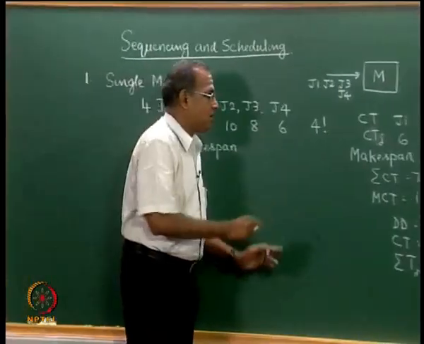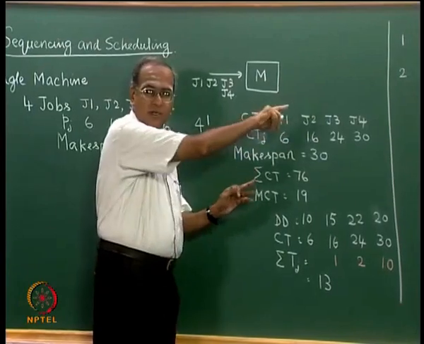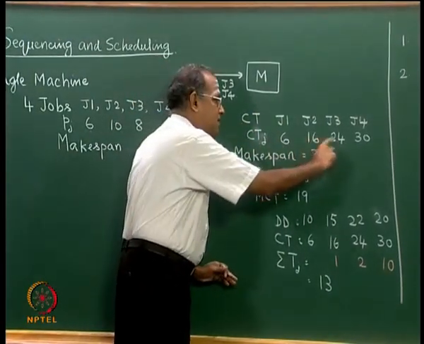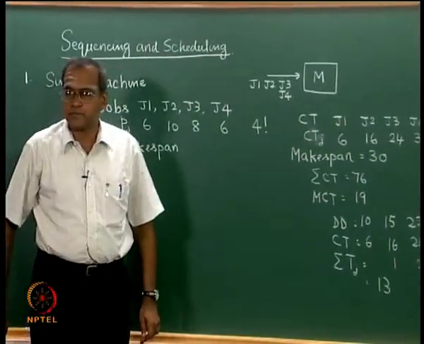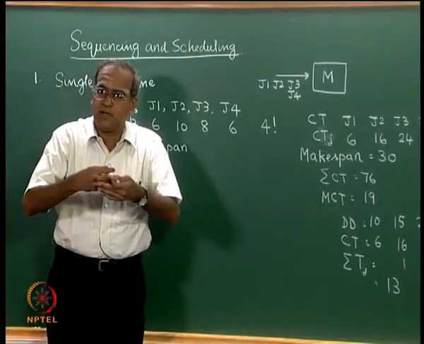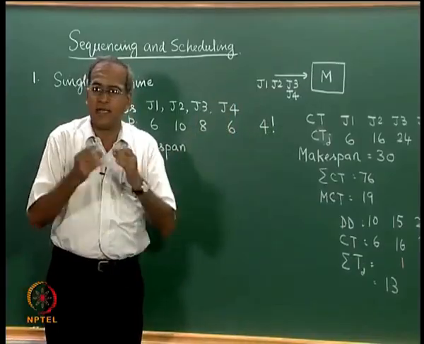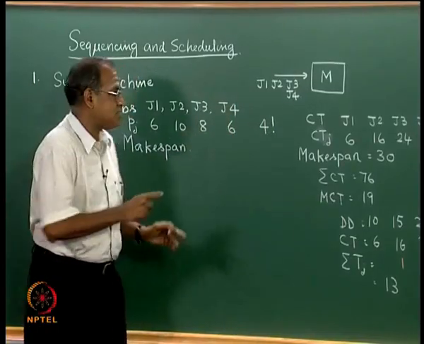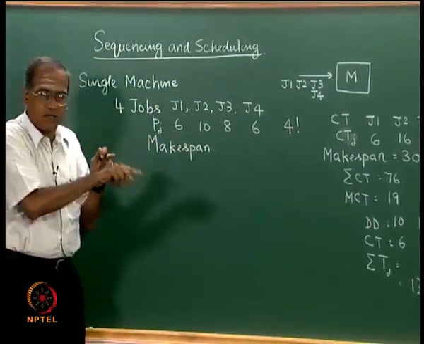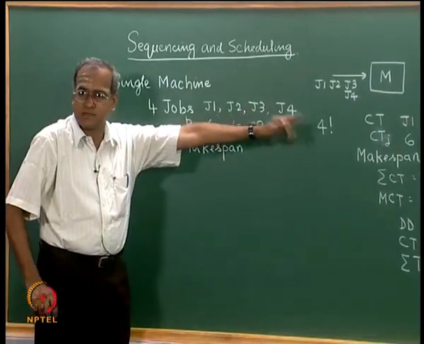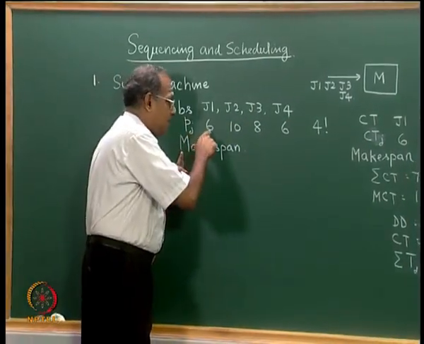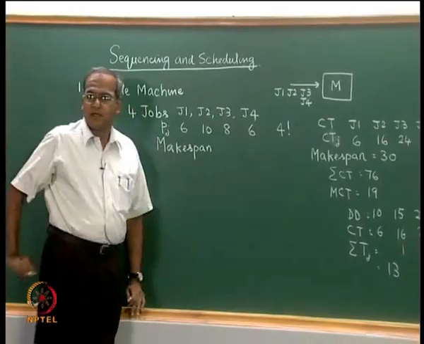So essentially we want to have the order or sequence such that the sum of these numbers is minimized. When we want to minimize the sum of these 4 numbers, it makes sense to minimize all the individual numbers, because the first job that we pick, which has processing time 6, finds its place in all 4 completion times.